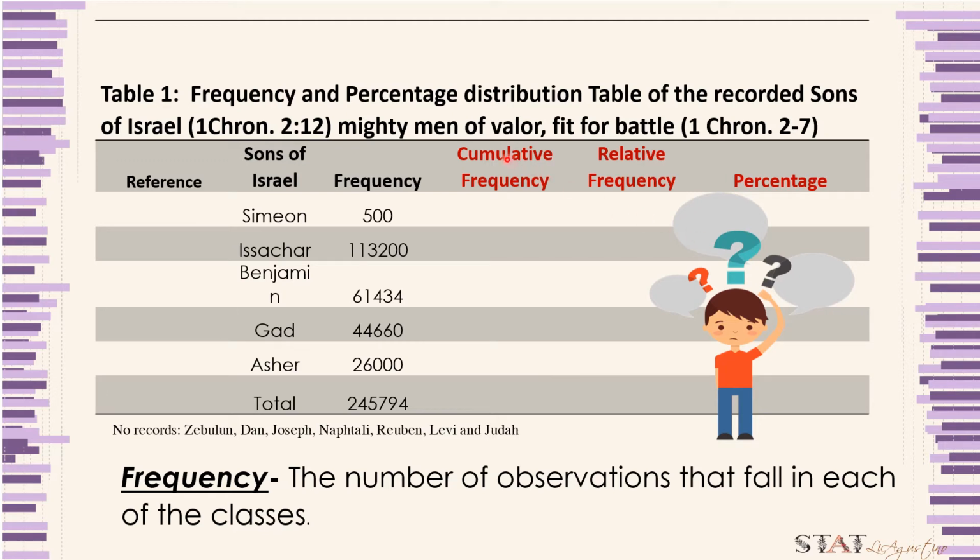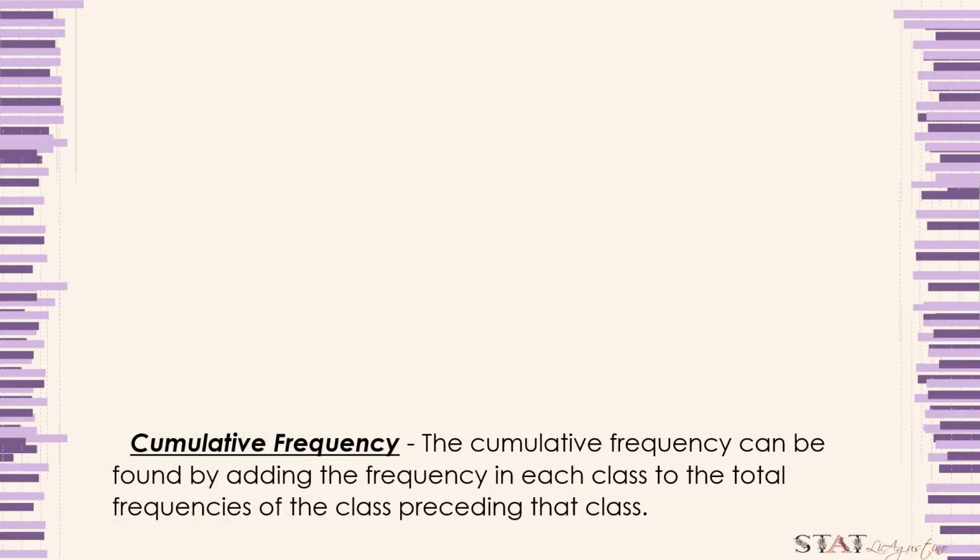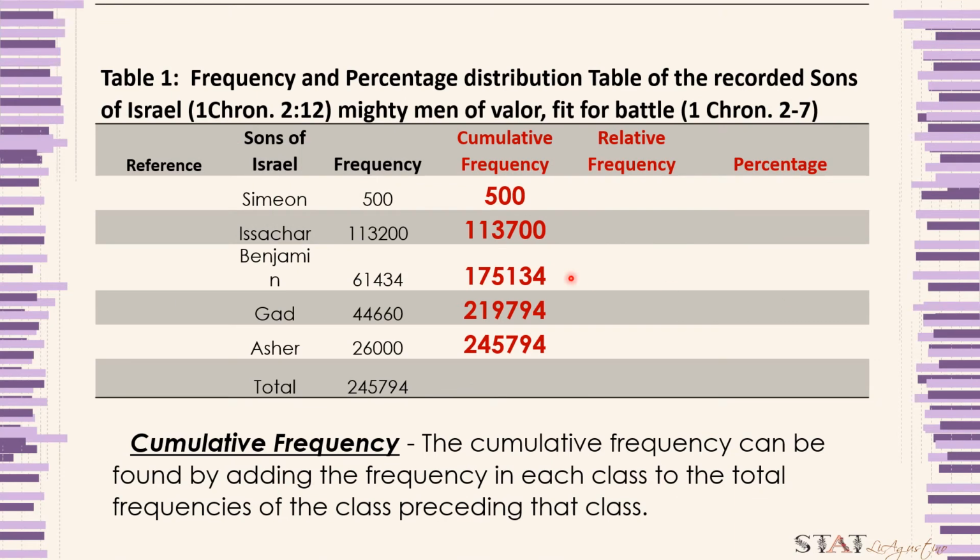Now let's proceed to cumulative frequency. So let's define it first. The cumulative frequency can be found by adding the frequency in each class to the total frequency of the class preceding that class. Okay. In our same example in the previous slide, we have the frequency.